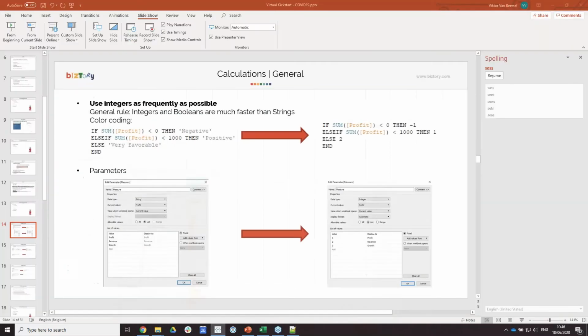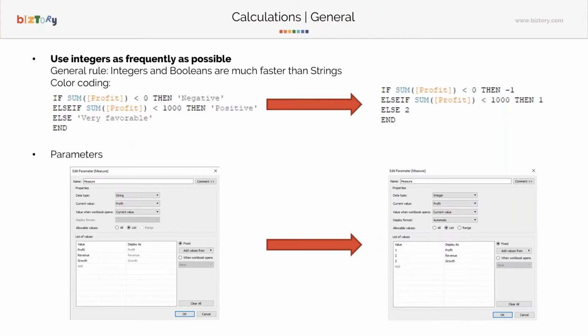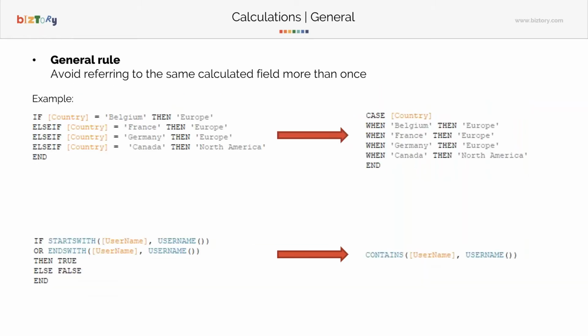So the general rule is use booleans and integers as much as you can, and avoid using strings, not only in calculated fields but also in parameters. Instead of using a string as a parameter, try to use an integer, and then you can say display as. The only thing that the data architect in Tableau has to think about is that the case statements or the if statements are in line with the parameter. But that is a general rule.